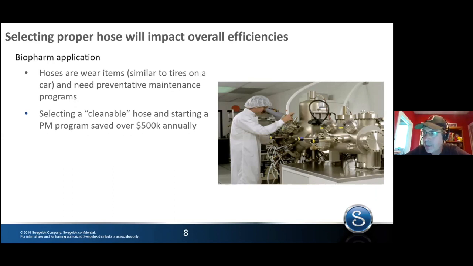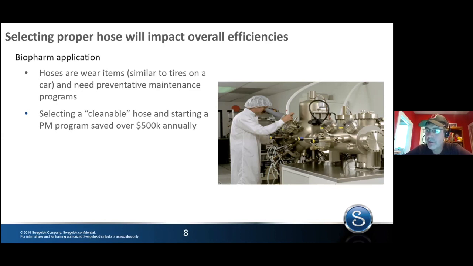Everyone has a preventative maintenance program on the tires, and they're in their head ready to do rotations and service on the tires because they all know it's a service item, it's a wear item. And that's what a hose is in a fluid system. It's the wear item. A lot of times fittings and tubing, they're not wear items. They're going to last a very, very long time, if not forever, where a hose will not.